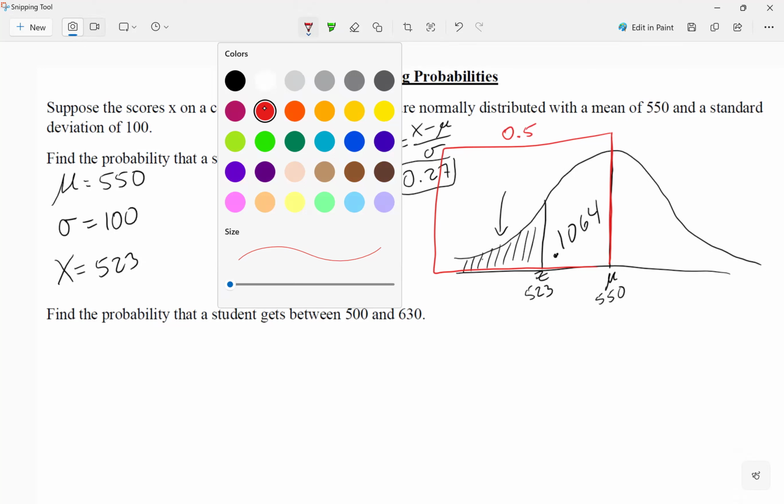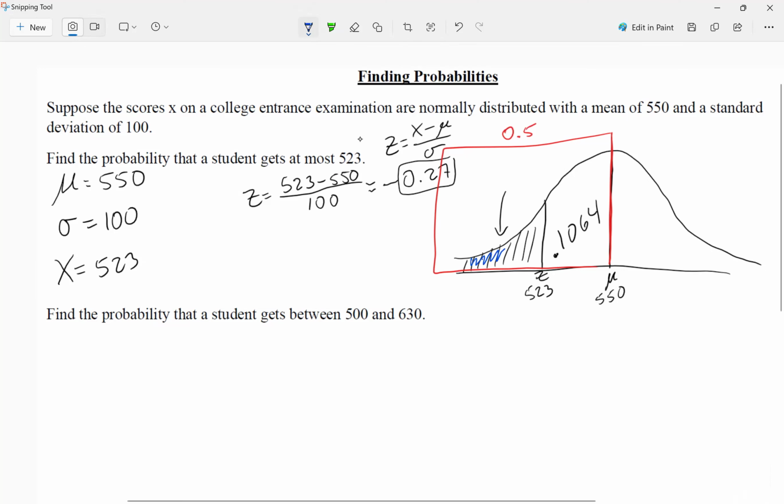So I'm going to shade the section I want in blue, and I find it by going 0.5 minus 0.1064.